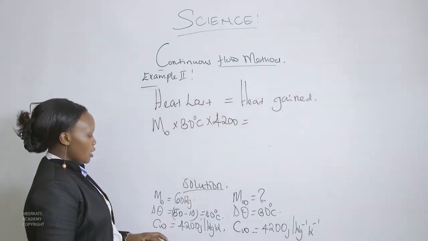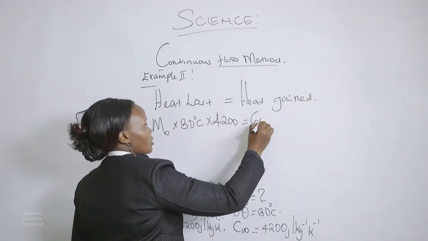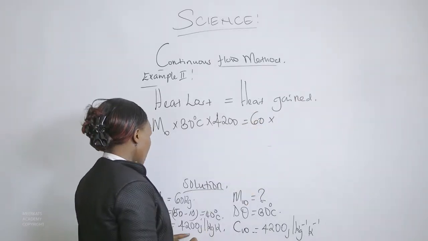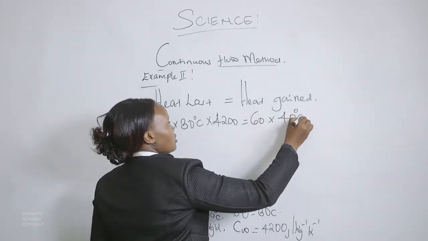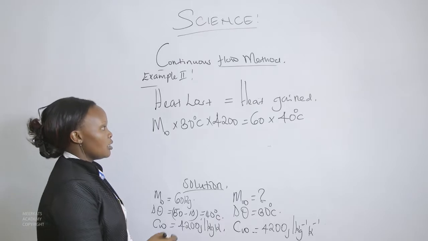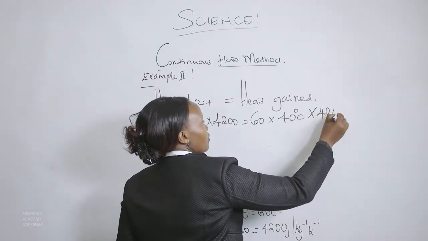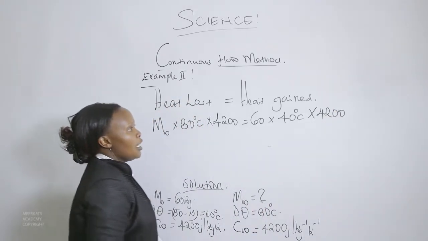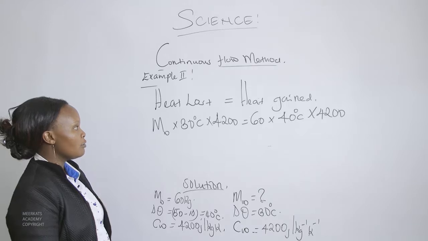This is going to be equal to what is gained by 60 kgs of water. Its temperature rises by 40 degrees centigrade, and its specific heat capacity is 4200 joules per kilogram Kelvin.